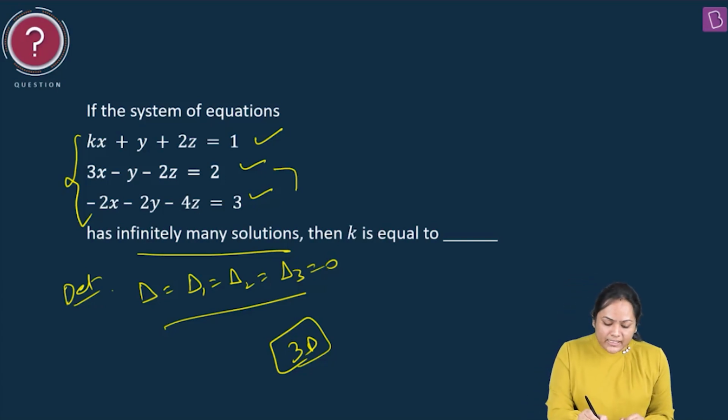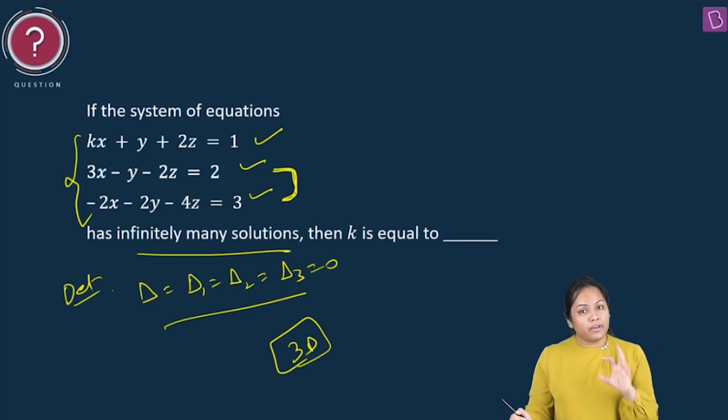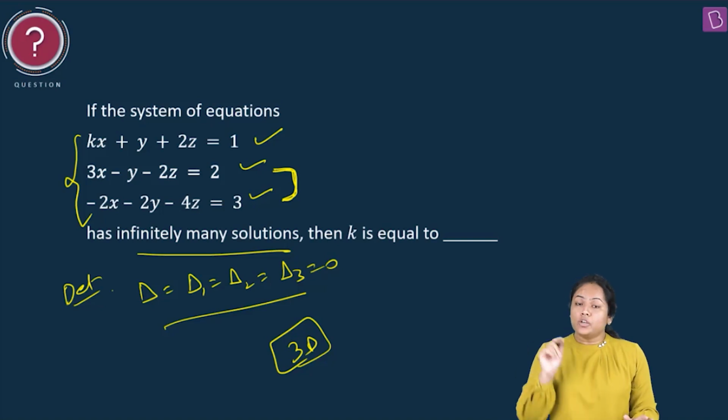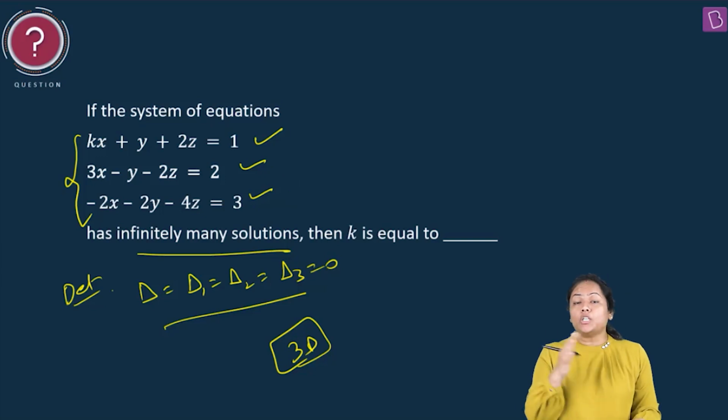So you can clearly see that my second and third equation, if I consider these 2 as planes, they are not at all parallel, right? Their normal is in different directions. So that means I won't have the condition of coincident planes. Clear? Okay. So if my planes are not coincident, then how do we get infinitely many solutions?